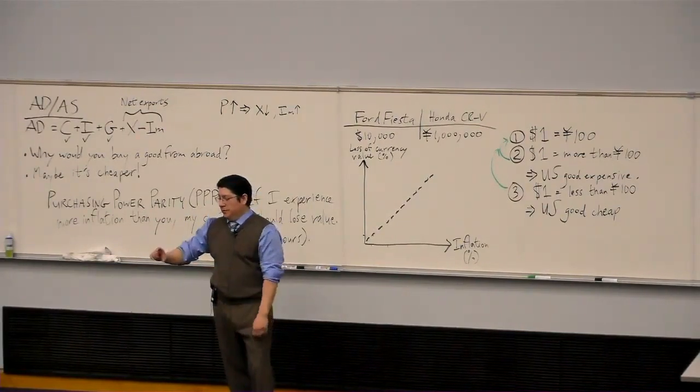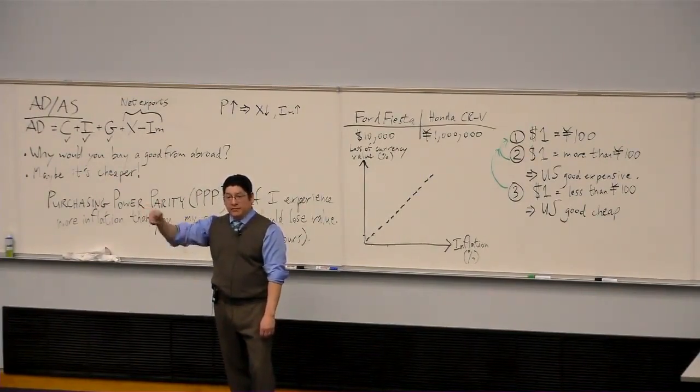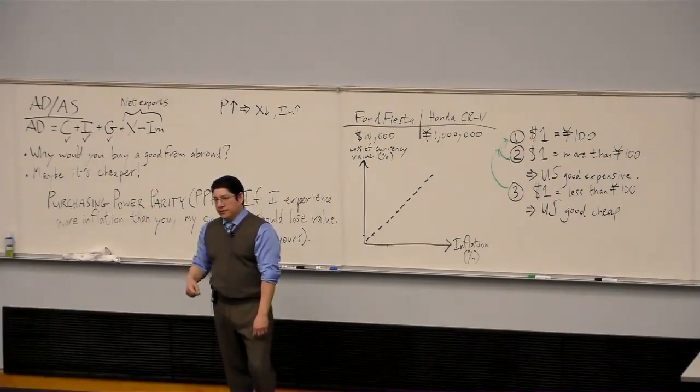One is going to be, well, how much interest is the Japanese government paying? And the second is, what happened to the value of the currency over that year? If it gained value, that's an additional plus for me. If it lost value, that's a minus.